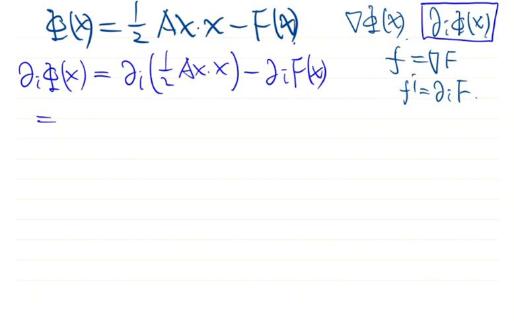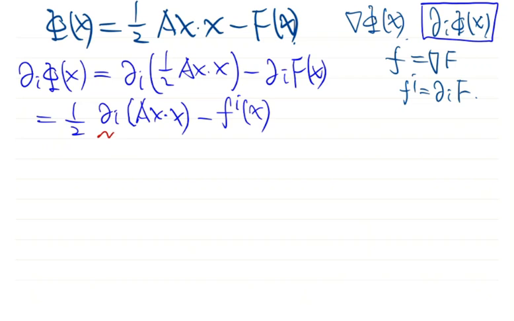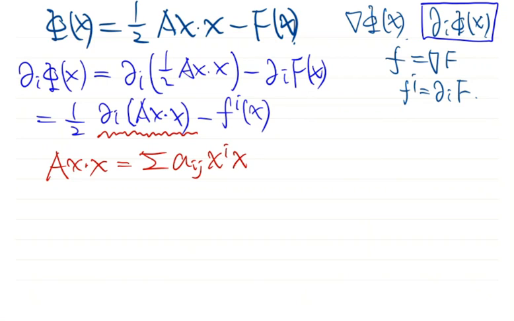So this is of course half of ∂_i of Ax·x, minus this, which is small f_i(x). So we need to compute this. To compute this, we write Ax·x as the sum of a_ij x_i x_j.